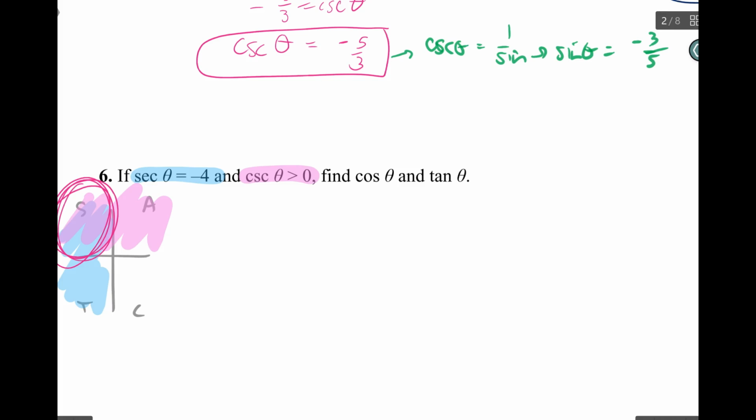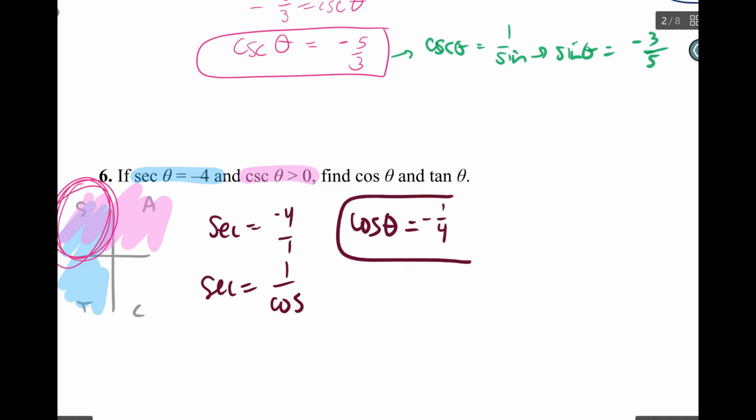Well, cosine will be an easier one, because we know secant is -4/1, and you know secant is just 1 over cosine, flip it, and we know that cosine of theta is going to be -1/4. Check.